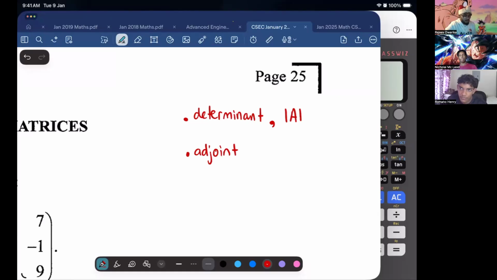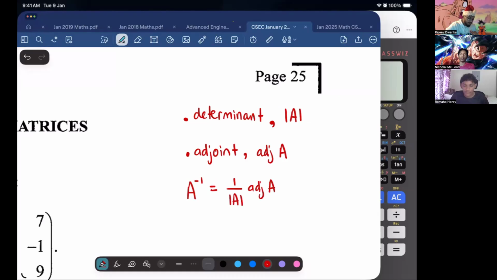Now it's highly unlikely that they will ask you for these two separately. Right? But if they ask you to find the determinant, you just find the determinant. If they ask you to find the adjoint, you just find the adjoint. But what tends to happen is that they ask you to find the inverse. If you want to find the inverse of a matrix, it's 1 over the determinant of the matrix, multiplied by the adjoint of the matrix.